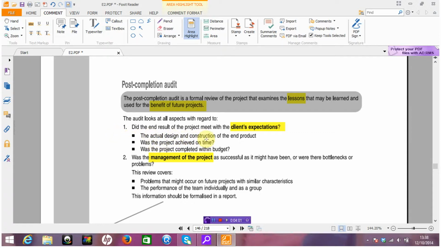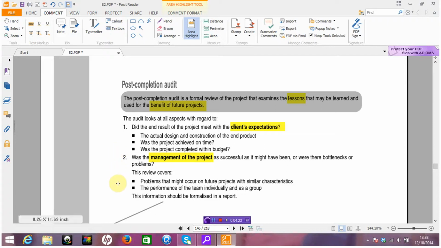To some extent, we're talking about quality there, aren't we? And spec, the original specification. Next two points, again referring to our triangle, we're talking about, was it completed on time and within budget? So that first part of the audit looks at what we set out to do, did we actually do it, and what lessons do we learn from that?